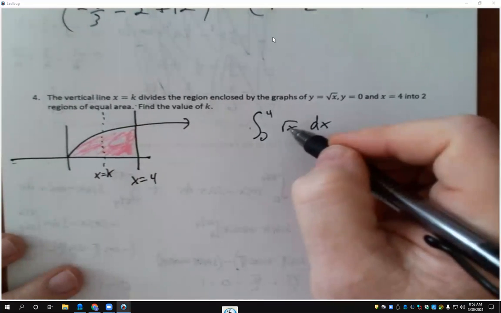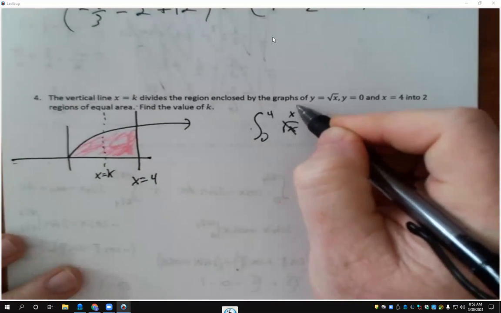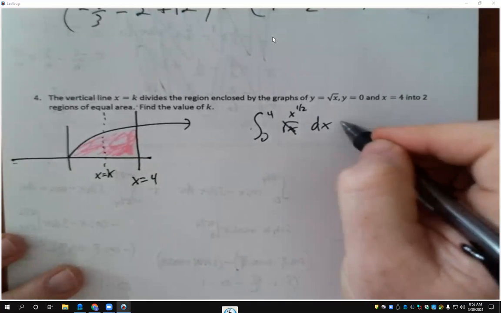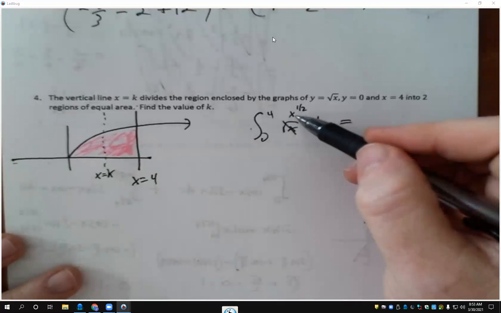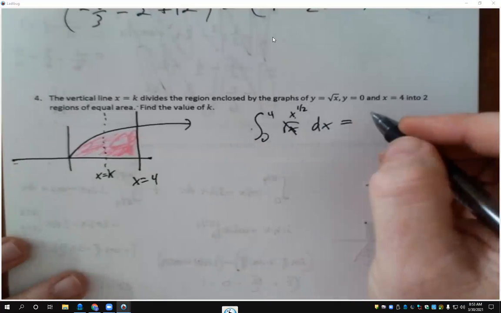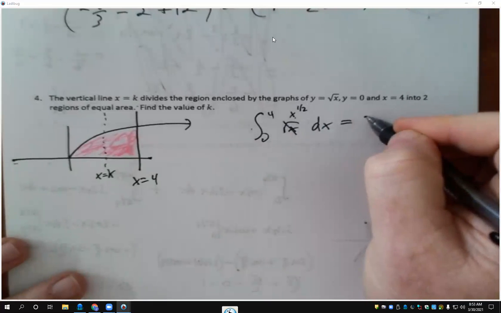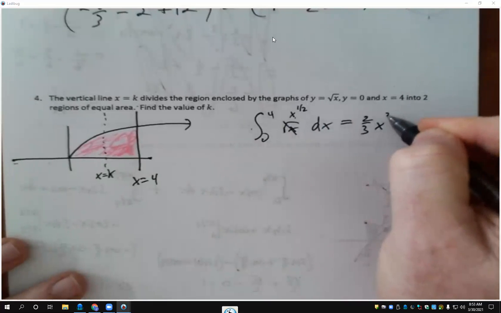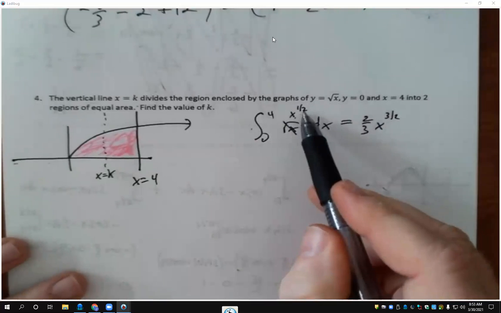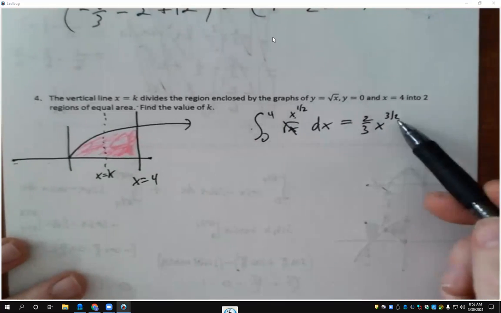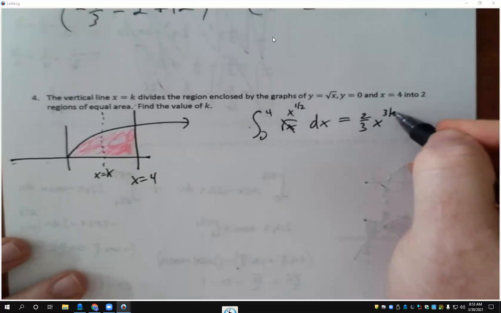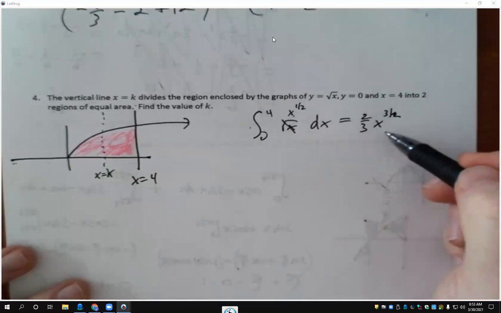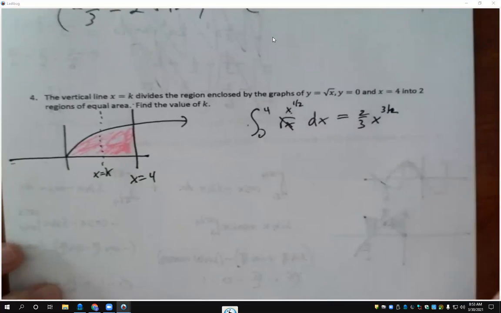The square root of x is really x to the 1/2. So we'll take our antiderivative, and the antiderivative of x to the 1/2 is 2/3 x to the 3/2. We add 1 to 1/2 and get 3/2. That's how I get this exponent. And we divide by 3/2, which means multiply by 2/3.